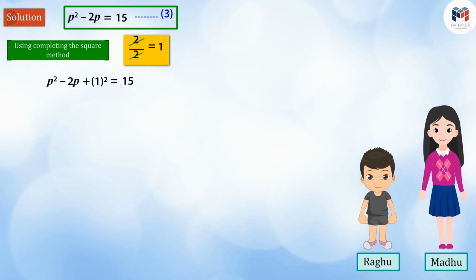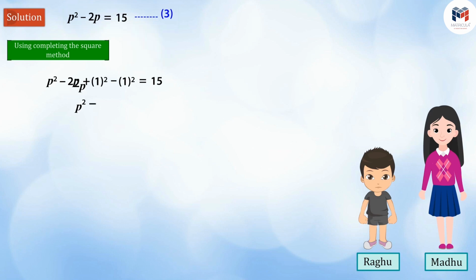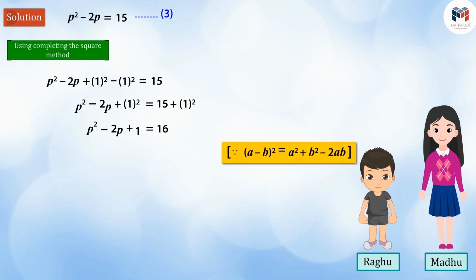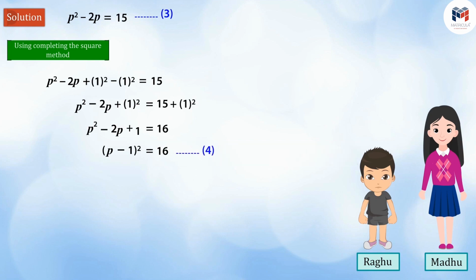Adding and subtracting the square of 1 on the left side, we can balance the equation. Thus, we get the equation p square minus 2p plus 1 is equal to 16, which can be written as equation 4.